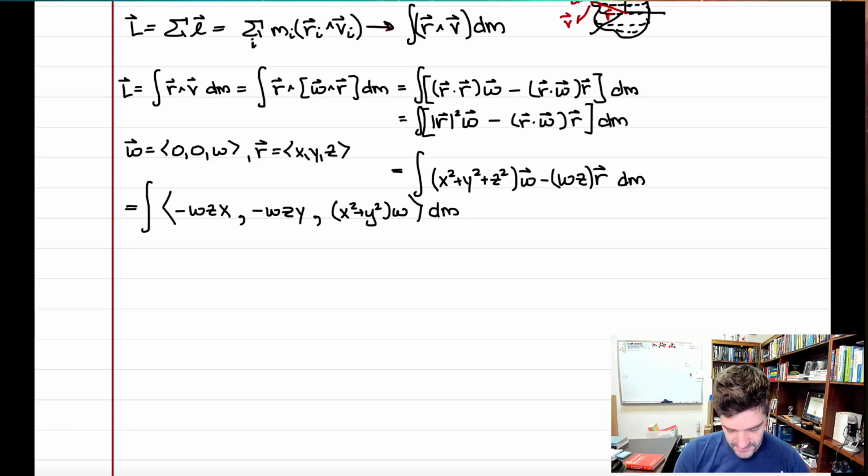And that particularly is the angular momentum of this big rigid object. There's a component that looks different in the z direction, the part that's aligned with the rotation axis.